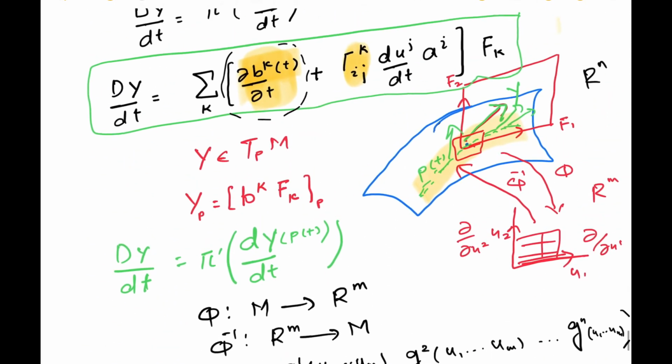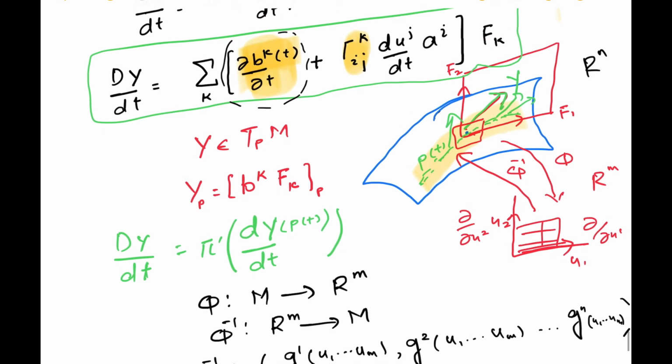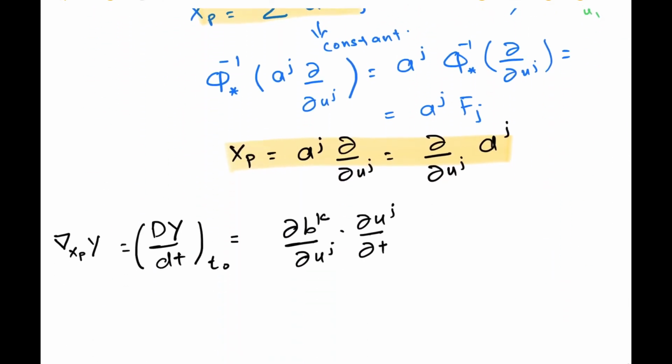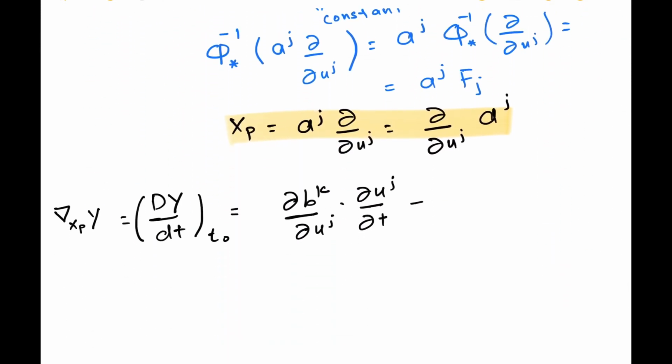The remaining formula will be the same: gamma kij plus gamma kij, and then you can write this duj by dt also, because this depends only on this single variable.